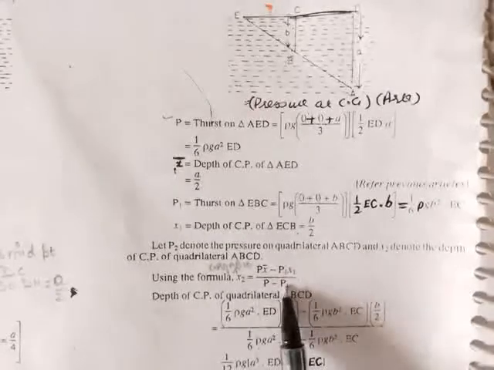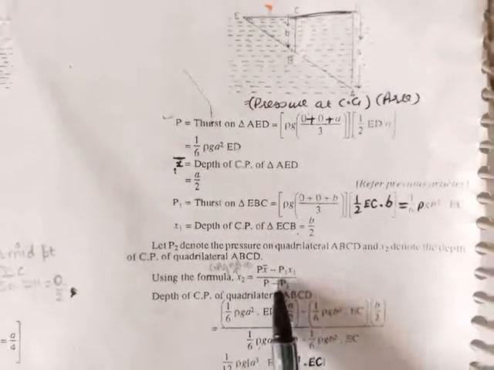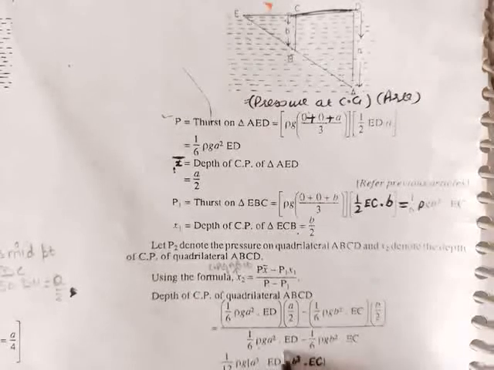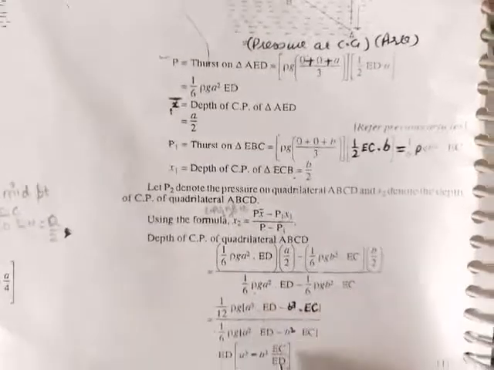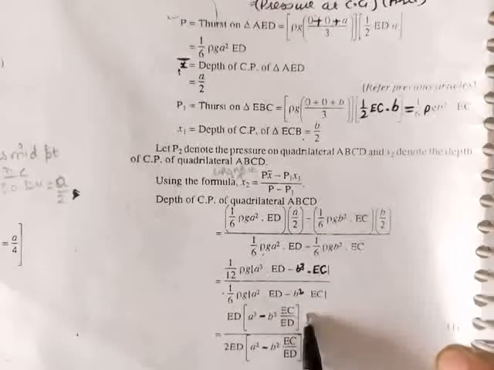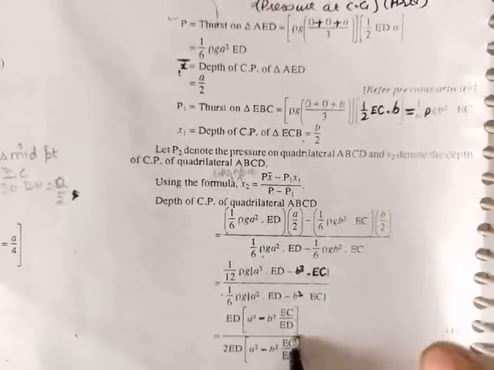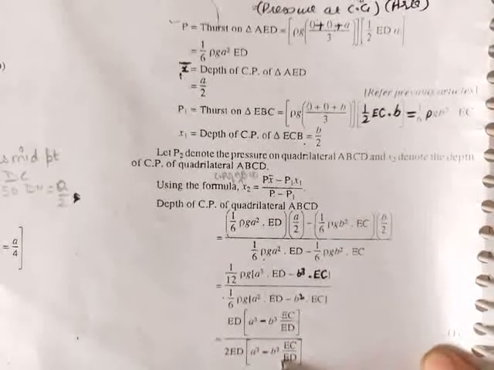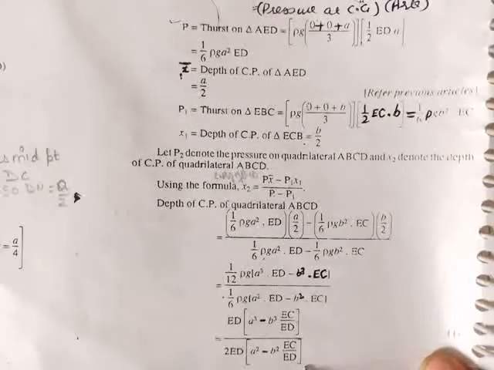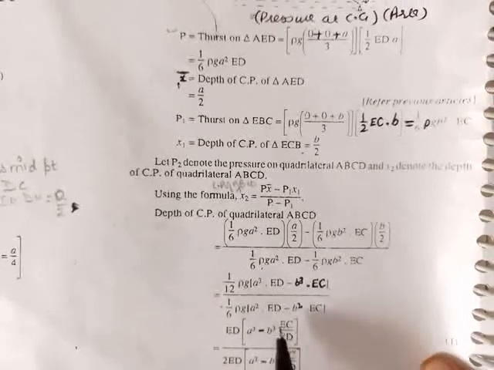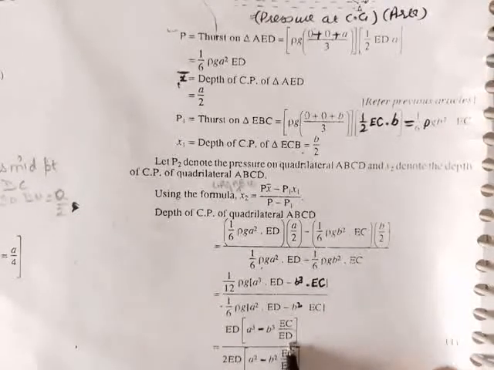Putting all the four values P, P1, x1, x bar, and taking ED common from numerator as well as denominator, inside we are left with A cube minus B cube into EC upon ED, and in the denominator we have 2ED into A square minus B square into EC upon ED. Now ED is cancelled with ED and we are to find the value of EC upon ED to put here.